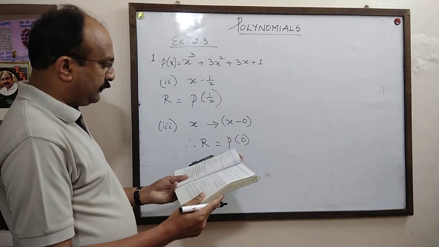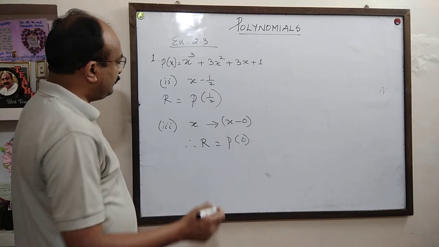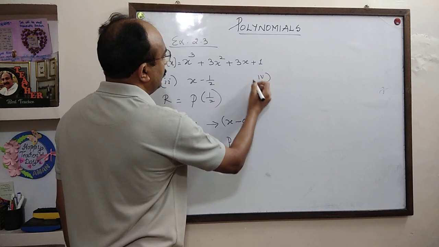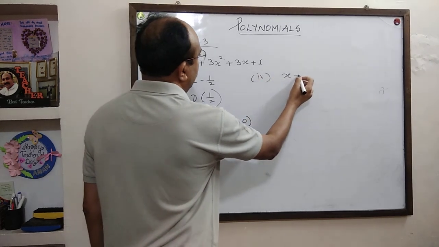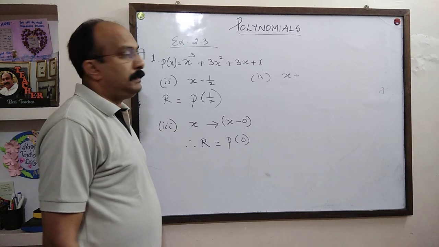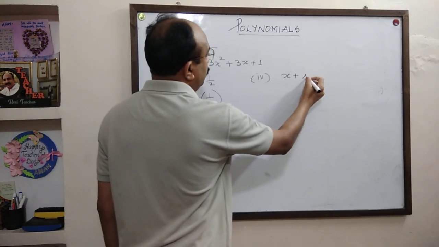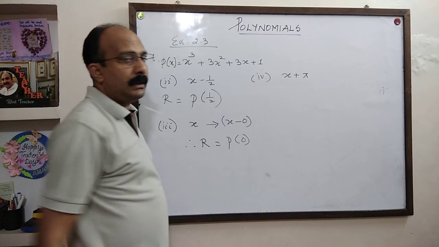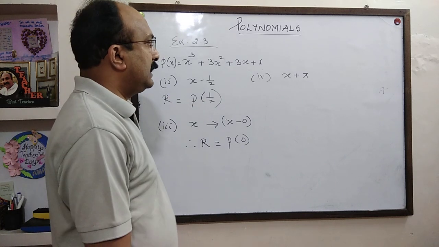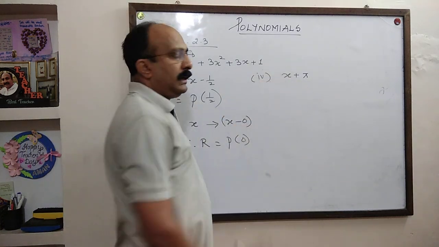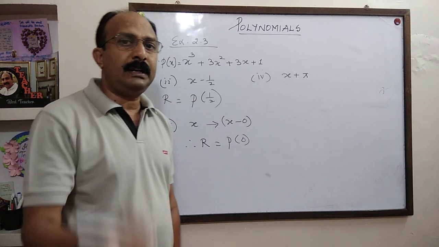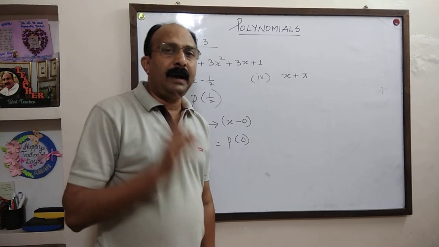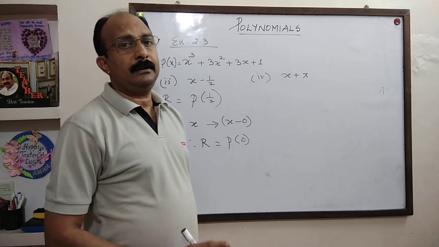Now fourth one is x plus pi. Find the remainder when p of x is divided by x plus pi. I told you in the previous class, whenever you get pi anywhere, don't go after its numerical value. Pi will be treated as pi only.